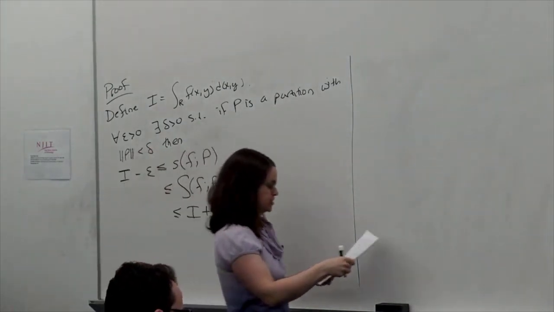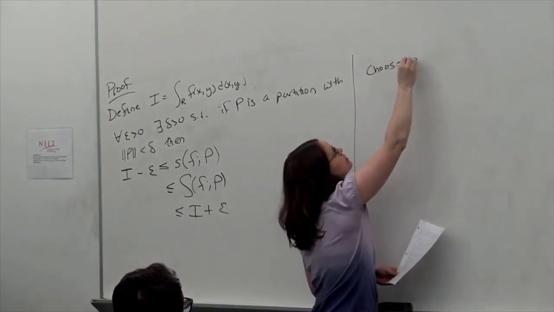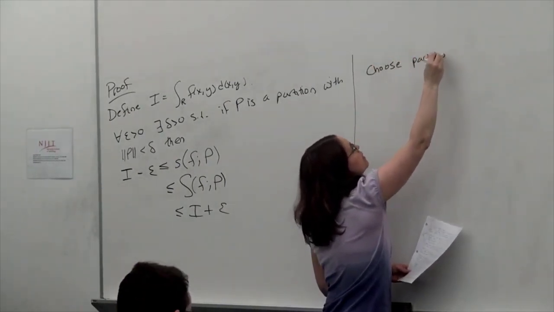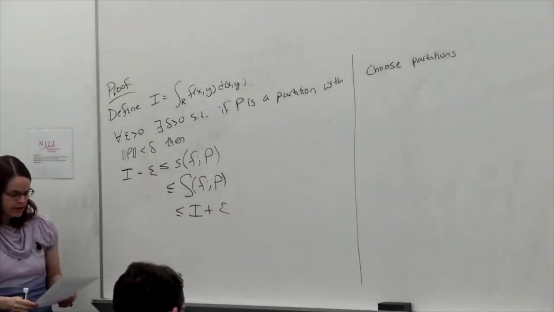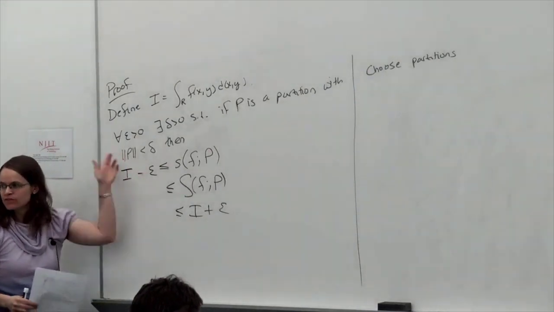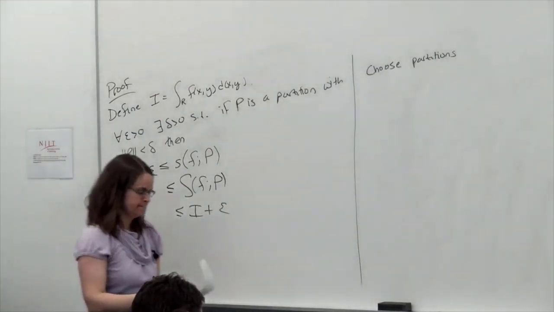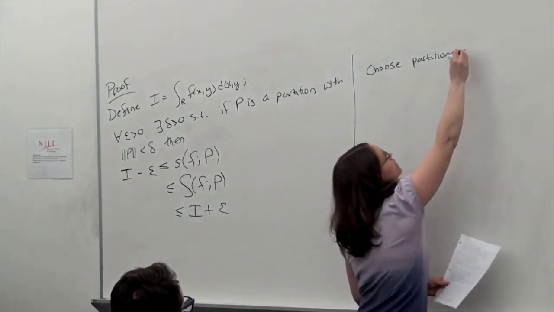All right, so let's choose partitions. Okay, so we'll explicitly choose these partitions of our intervals, obviously to have norm less than this delta, because this is a delta we can work with here. Okay, so let's choose partitions, P1 and P2.